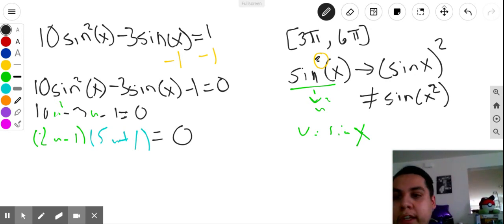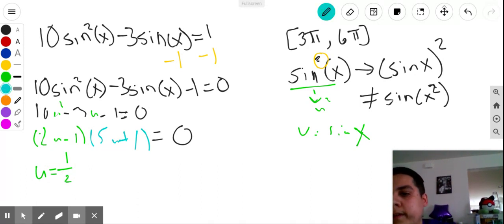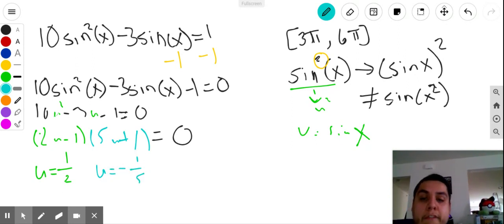So solving this like you normally would, you can figure out that u should equal 1/2. This means that u should equal negative 1/5 if the factored form would have to be true.